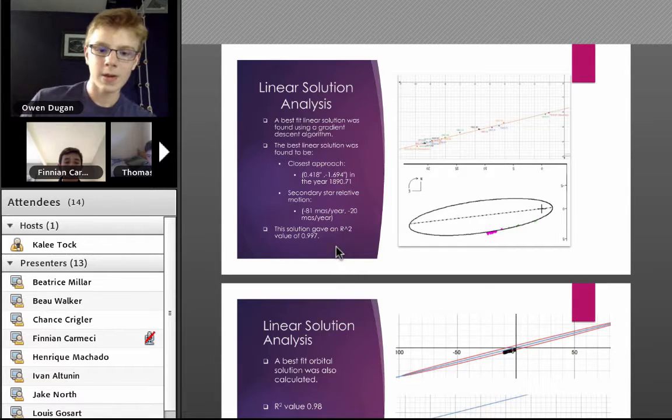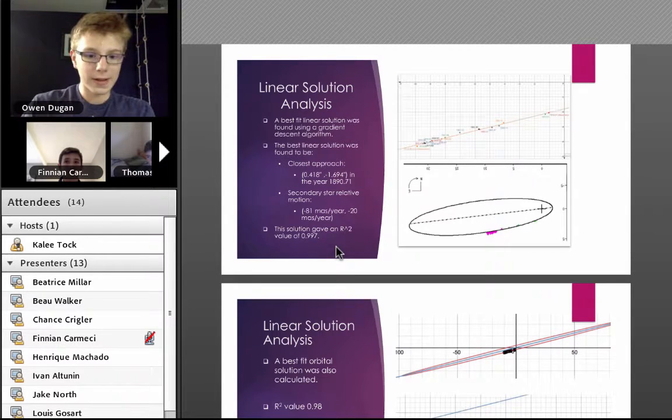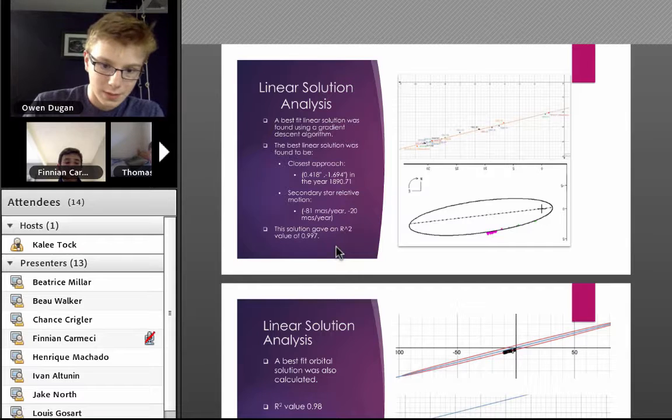We found a best fit linear solution using a gradient descent algorithm, and we calculated that best fit linear solution to be what's shown right here, and that gave an R-squared value of 0.997.